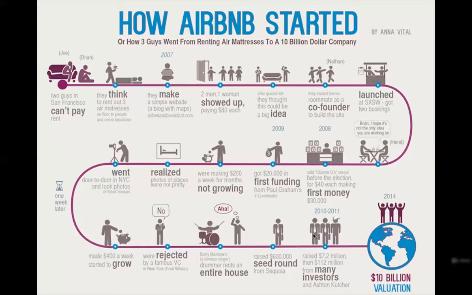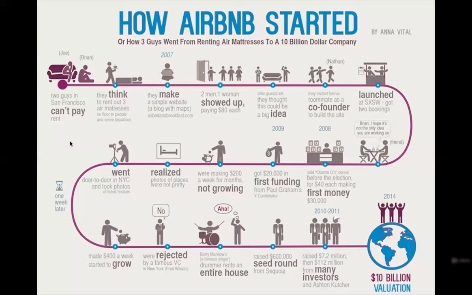How Airbnb started. Airbnb was started by Brian Chesky and Joe. These are the 2 main founders, and later on, Nathan joined them as a co-founder. Way back in 2007 or earlier, Brian and Joe in San Francisco were struggling to pay rent.